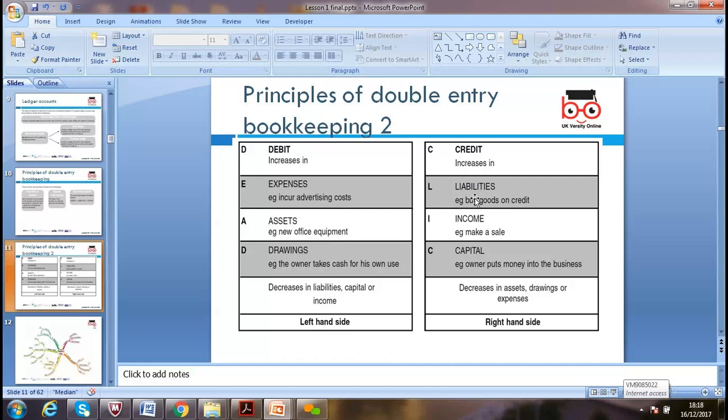Income means any sales we make or income we get; we always put it on the credit side as well. And capital, any more money we invest in the business, we also put on the credit side in the accounts. We call them debit and credit, and both sides should be equal. When we invest money, capital is increasing and, on the other side, cash as an asset is increasing, so debit and credit are automatically equal.